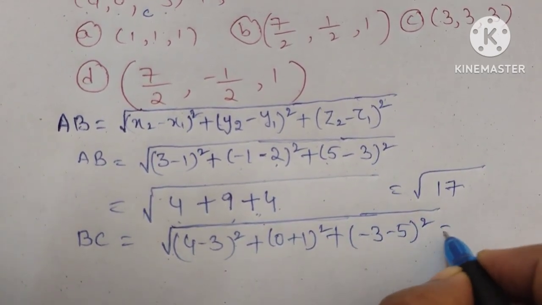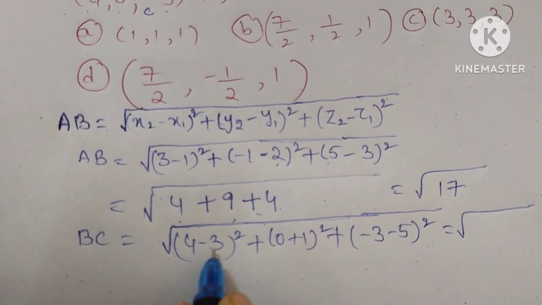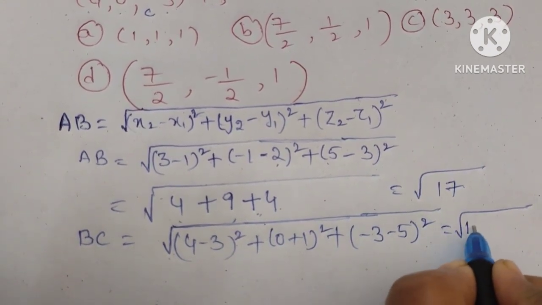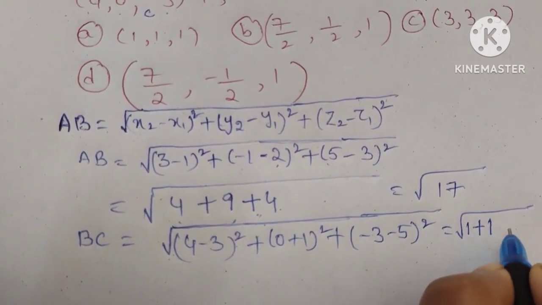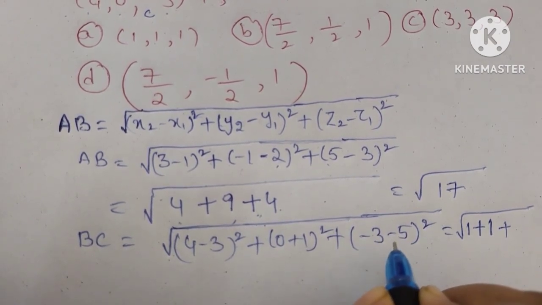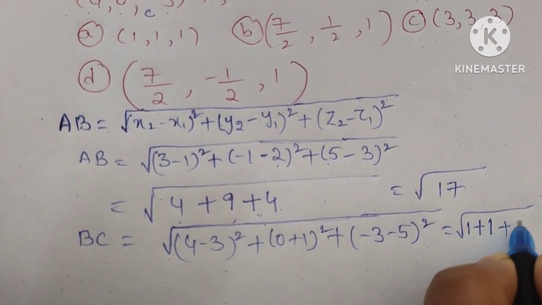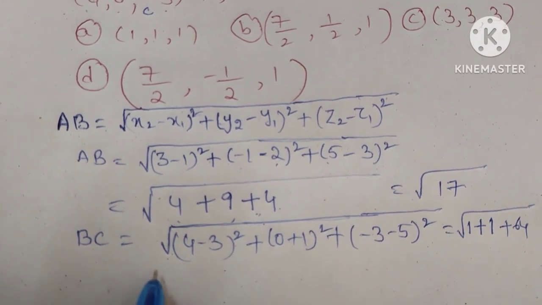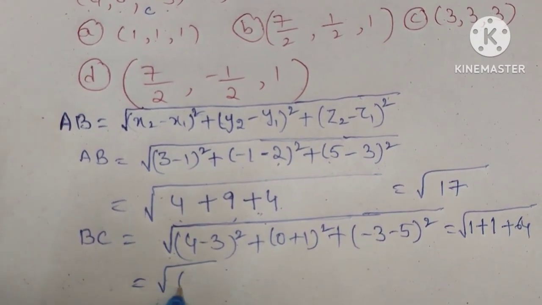That is 4 minus 3 whole square 1, plus 1, plus minus 8 whole square 64. So 66.